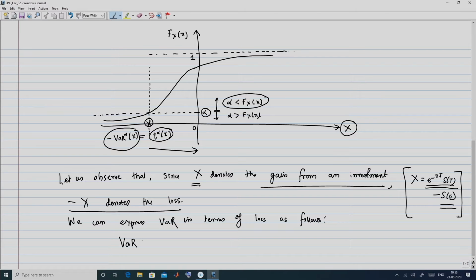So what is the definition of VaR? VaR alpha of x is equal to minus q alpha of x, and this you would recall from the result done in case of quantile. This is going to be nothing but q of 1 minus alpha of minus x.